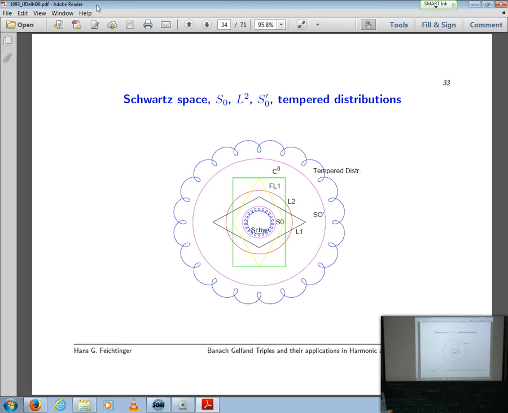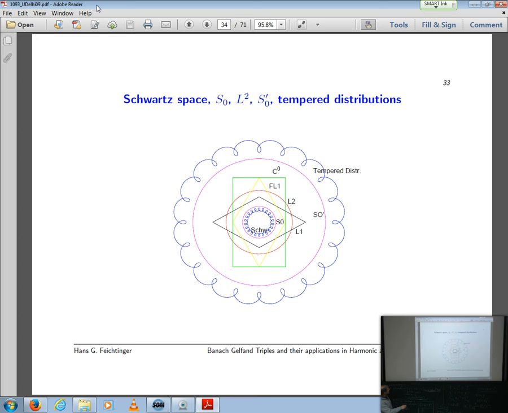Interesting question how to do these plots in MATLAB. But these are trigonometric polynomials, by the way. Now, I use L1 for this symbol, so there are L1 functions, not in L2 or so. But if you rotate L1 by 90 degrees, you get the yellow object, which is a little bit hard to see because it's hard to recognize whether the function is in the Fourier algebra or not.